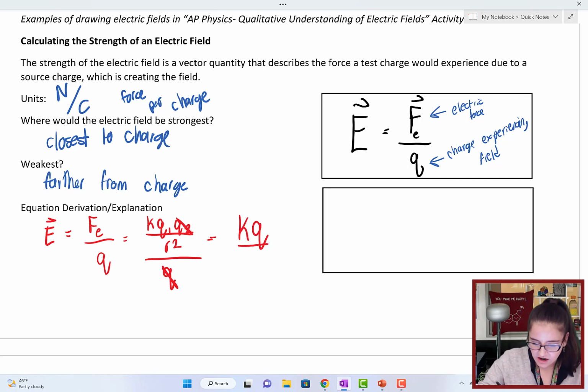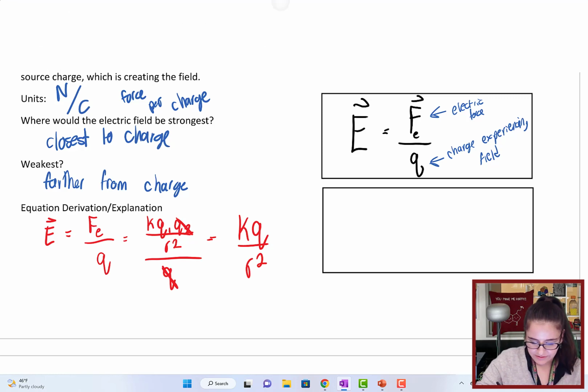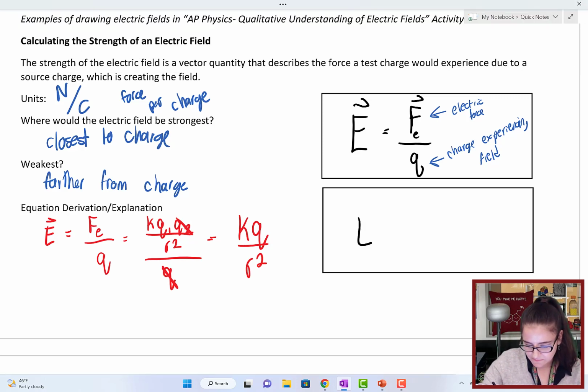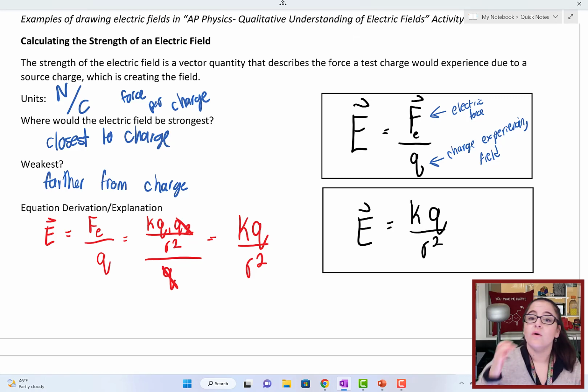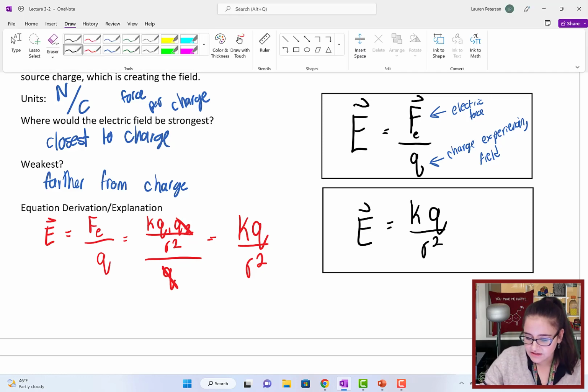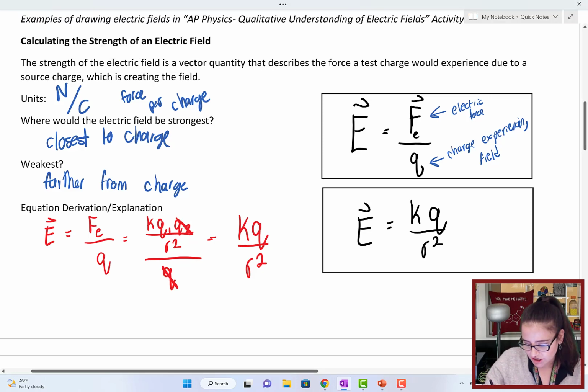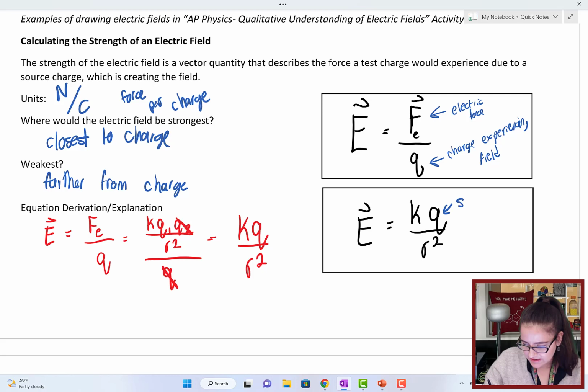And that is our other equation for the electric field, that the electric field equals K times Q over R squared. Now note when we use this equation, this Q is the source charge. It is the one creating the field.